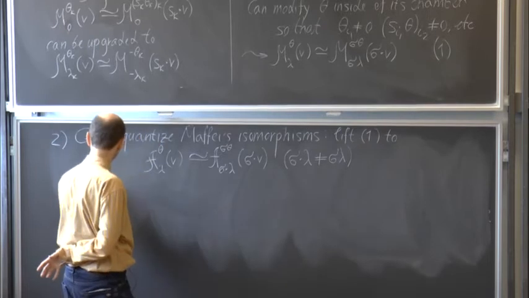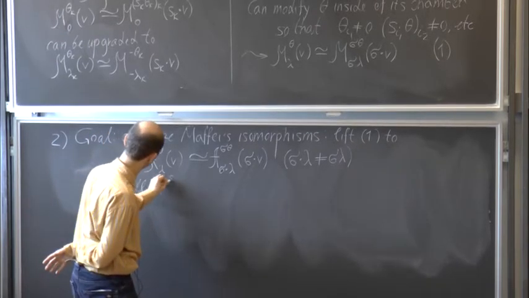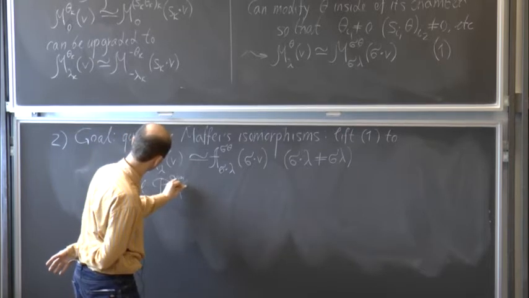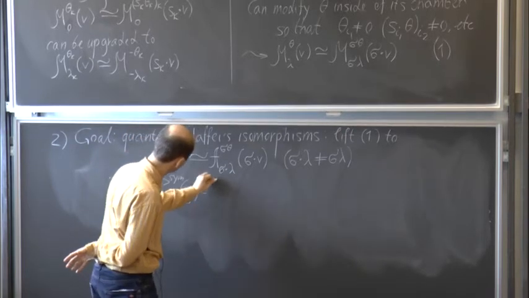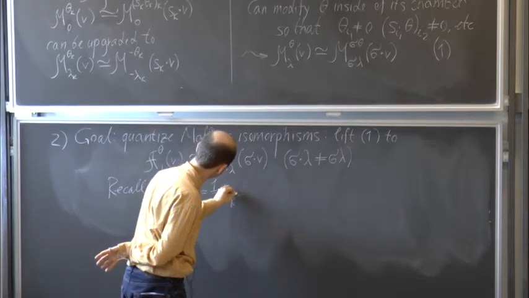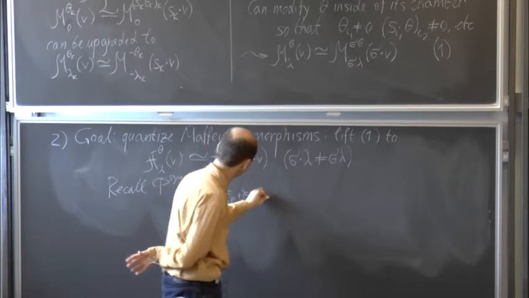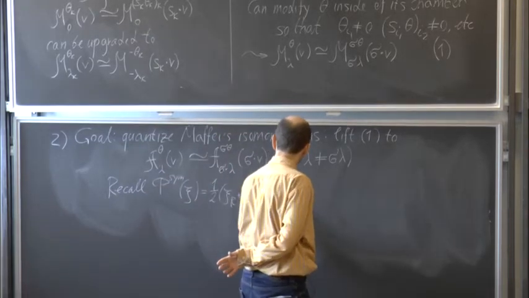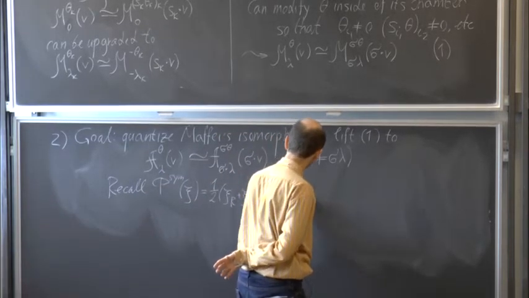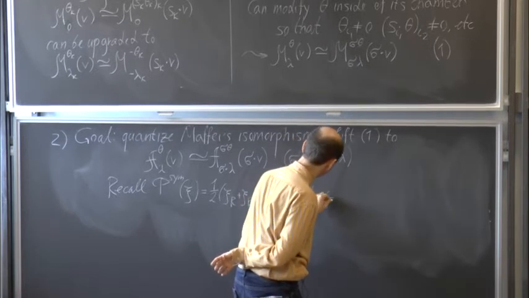So recall that I have phi sim of xi is 1/2 (xi r plus xi r dual), which can also be written as xi sub r plus 1/2 of the trace in R of xi.